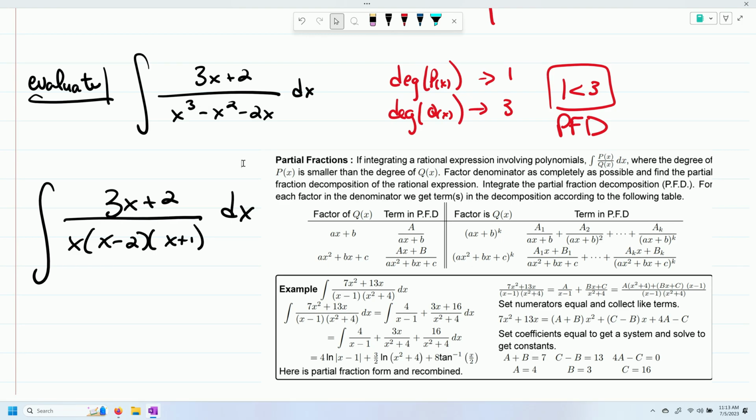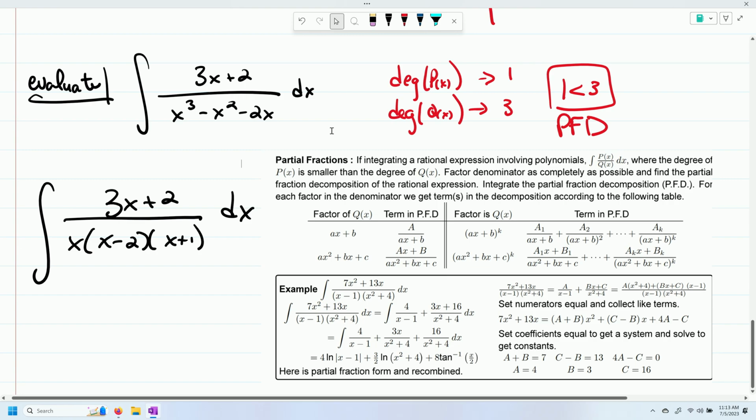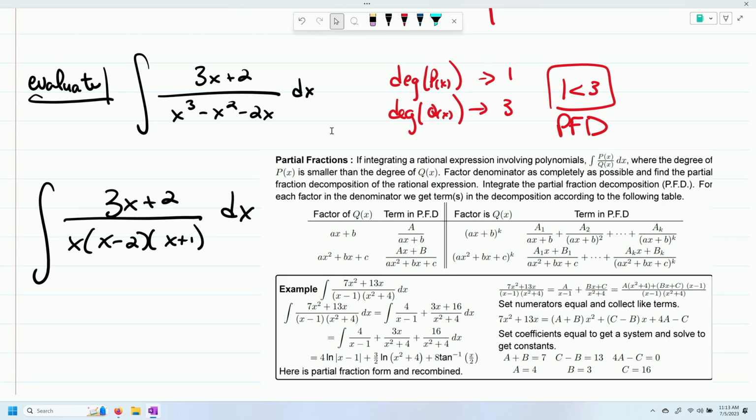Basically it says, if you are integrating a rational expression involving polynomials, that is what we are doing, where the degree of p of x is smaller than the degree of q of x, that is also what we have, you will factor the denominator as completely as possible and find the partial fraction decomposition of the rational expression.